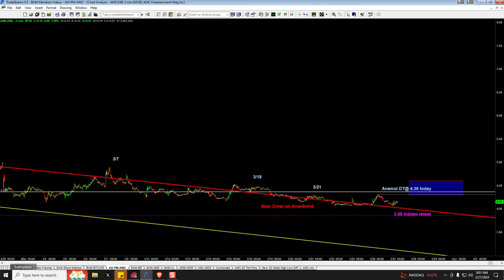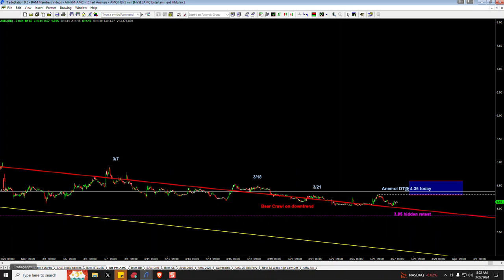So here's what's important about this. During this entire move down, we've never had a situation where price moved up, pulled back, and broke out above a previous high. Like right there, did not happen. Right here, did not happen. Right here, did not happen.